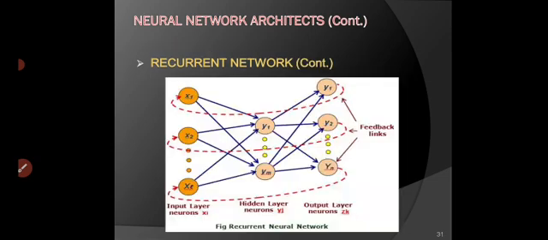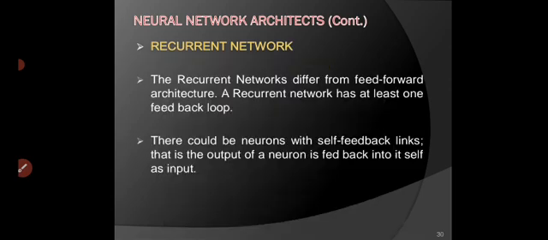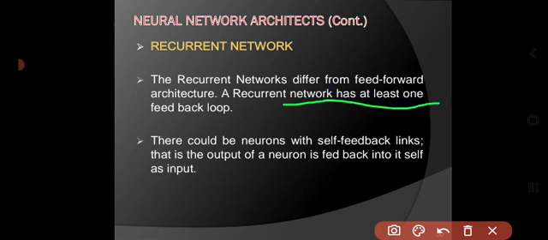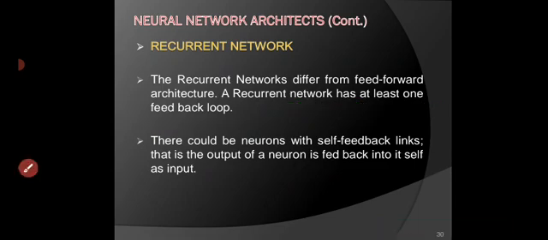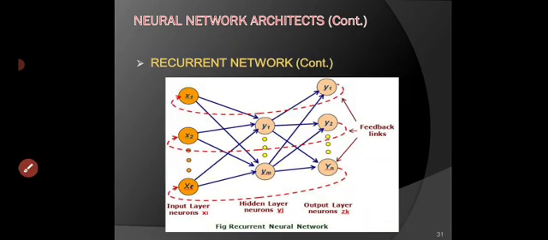We will see the figure and it will become clear. What is the difference? The recurrent network has at least one feedback loop. Feedback loop is there, a feedback loop like this, right?